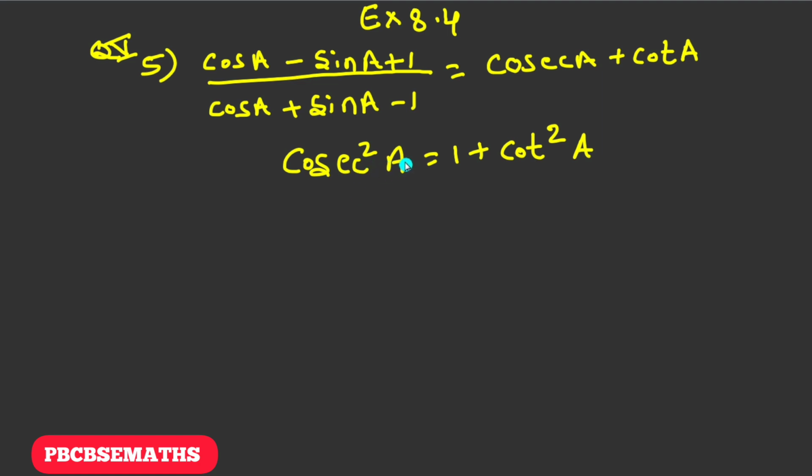into cosec A and cot A. So to get cot, we should divide this cos by sin, and also to get cosec, we should divide this 1 by sin.